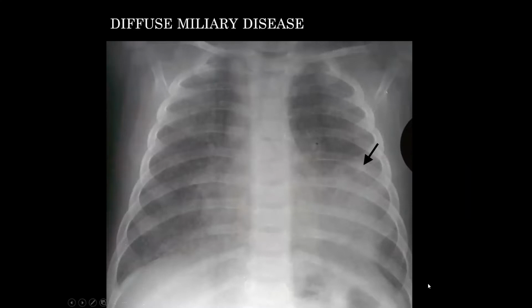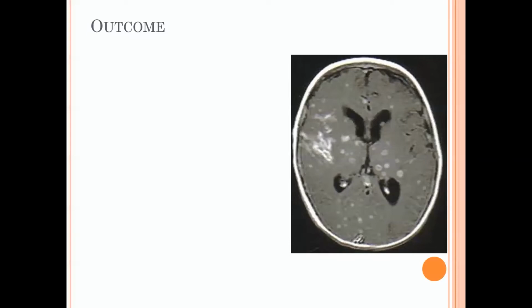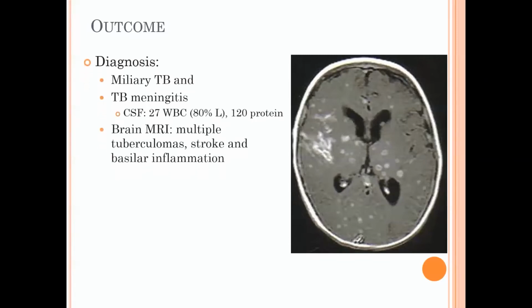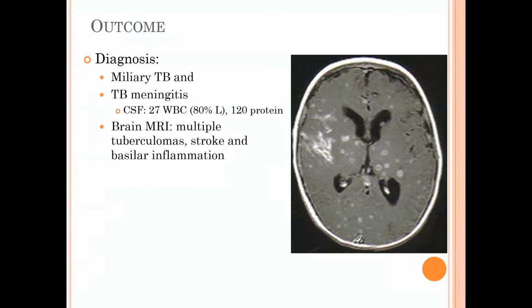The arrow is just pointing to an area of consolidation in the left lower lobe. Her MRI and CSF were consistent with TB meningitis. She had one of the most dramatic MRIs that I've seen, with tuberculomas all over her brain, really kind of a miliary picture in the brain.